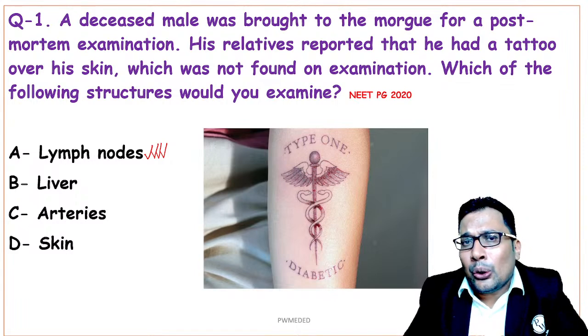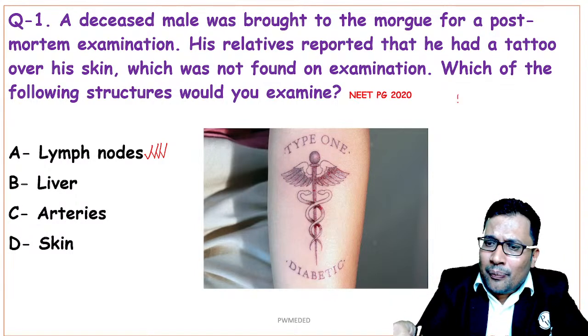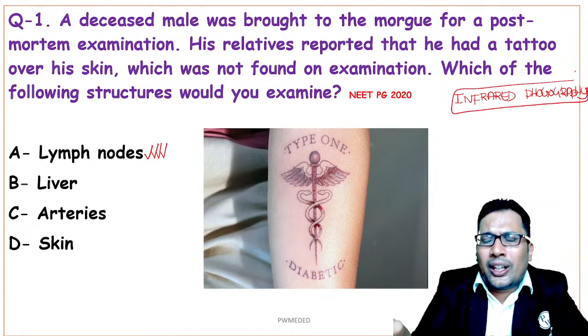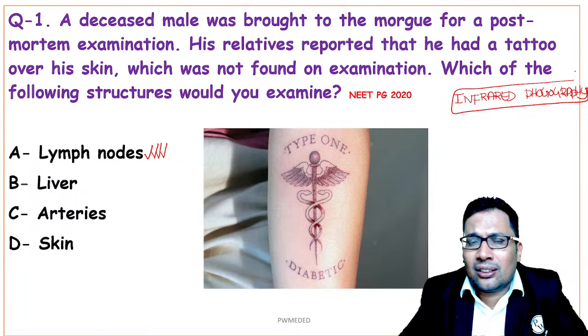Remember, for a faint tattoo we can also use infrared photography and a magnifying lens.